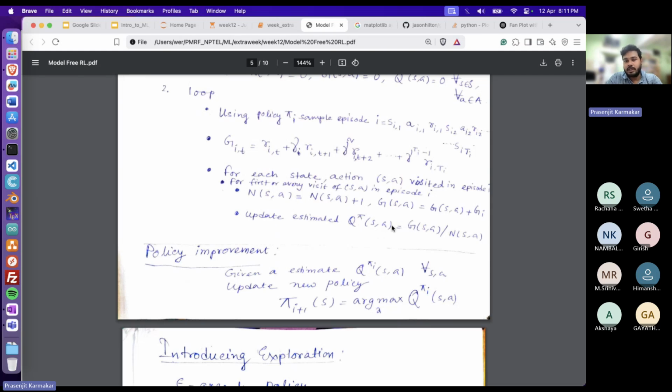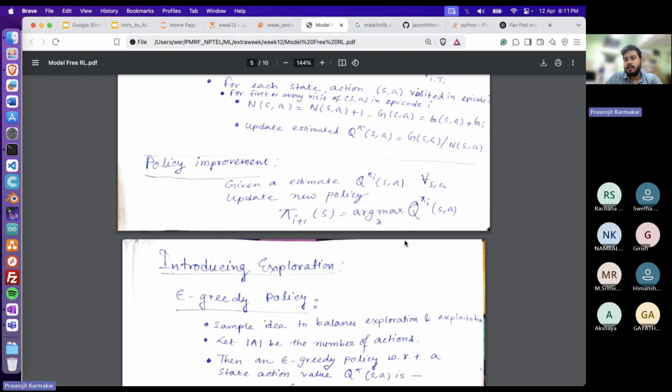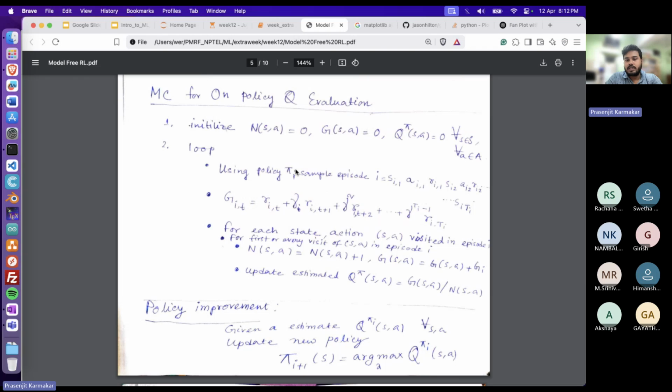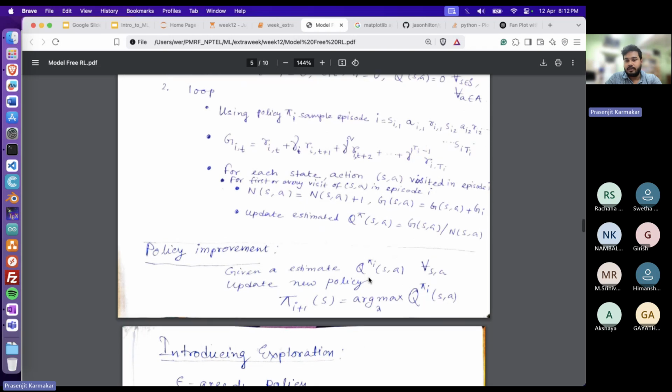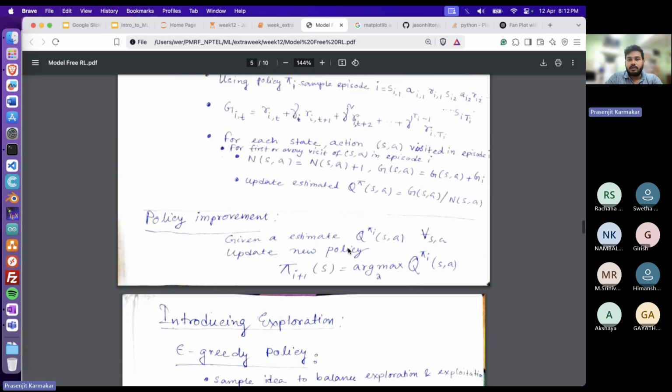You update G(S, A) over N(S, A) for every state. And then based on that, you do either a greedy update or an epsilon-greedy update, which can also work. The same thing you did for Monte Carlo policy evaluation, instead of V, you can compute the Q with the same method and do an epsilon-greedy policy update. That would also work, but it's not that important.